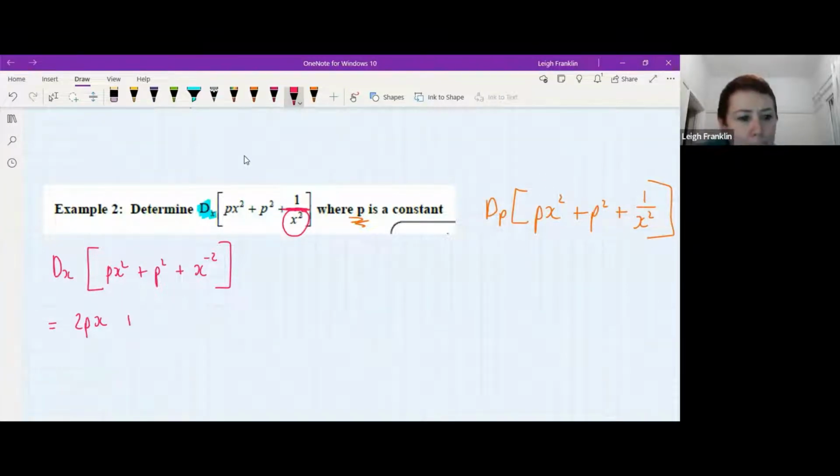Plus p squared... plus 2p, sorry. Awesome. Don't say sorry, no problem. Keep going. Lovely. Minus 2x to the power of -3. Lovely. Very nice. Well done. Everybody happy with that?